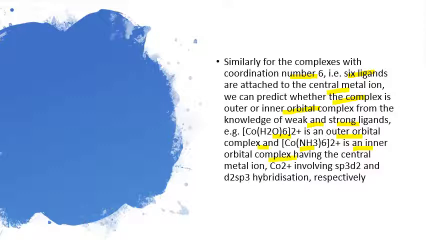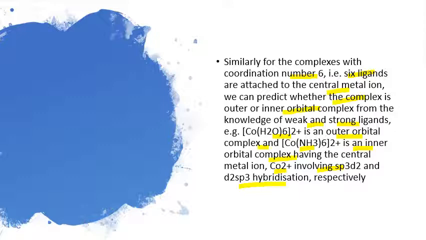The same central metal ion is there. And what is the difference? The difference is in the strength of the ligand, which involves sp3d2 and d2sp3 hybridization. So d2sp3 is inner and sp3d2 is outer. So it goes for deciding its unpaired electrons and its magnetic behavior.